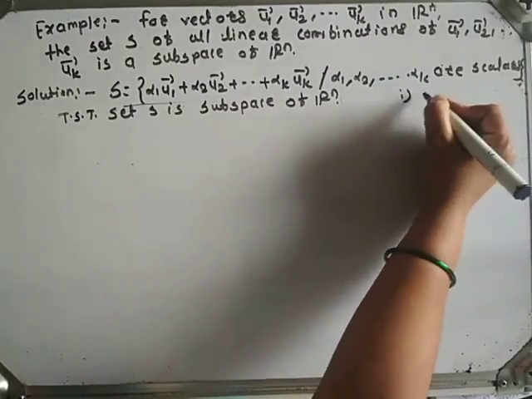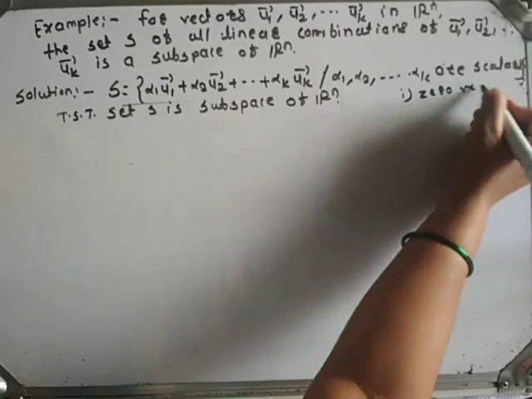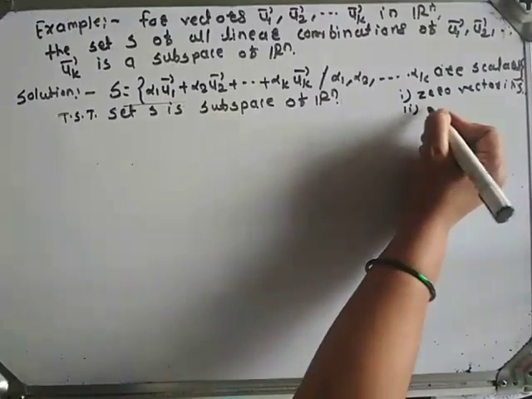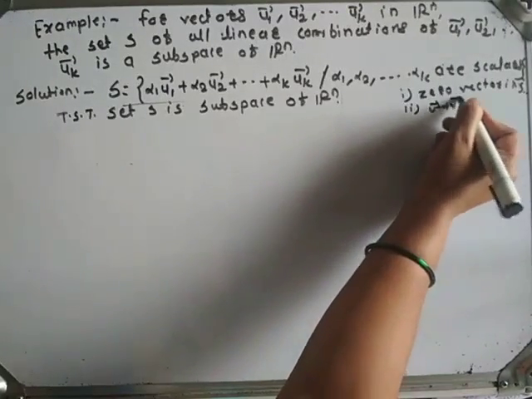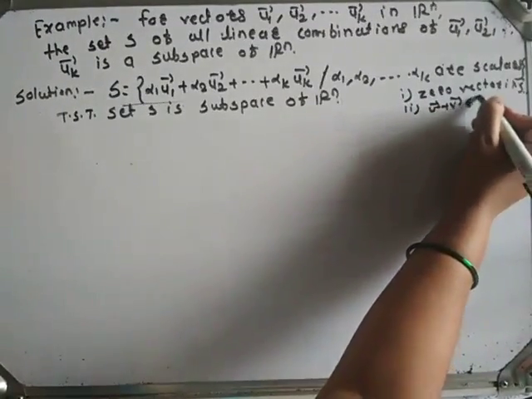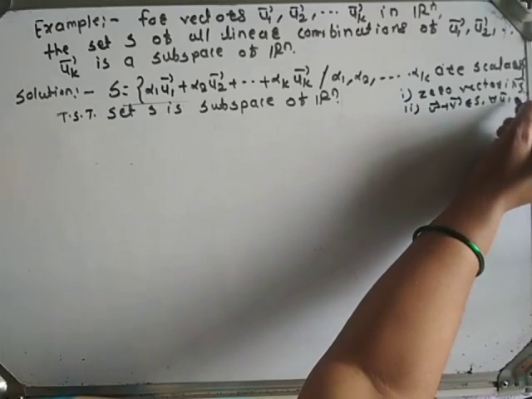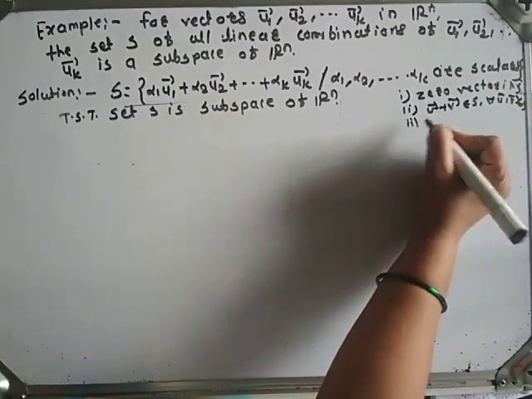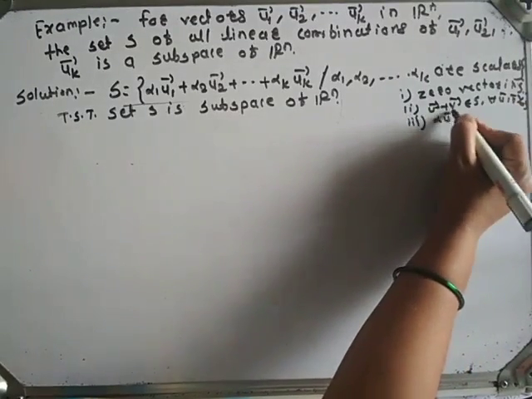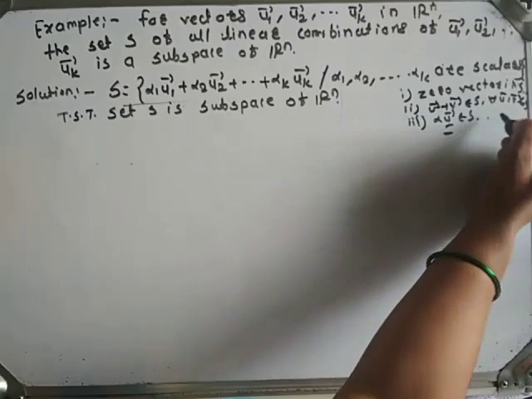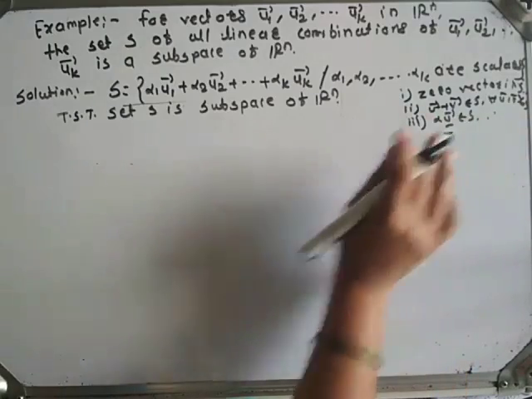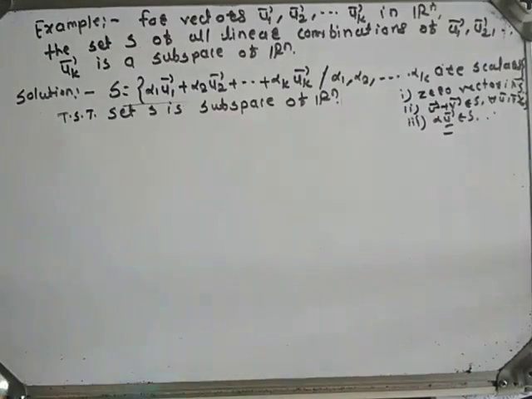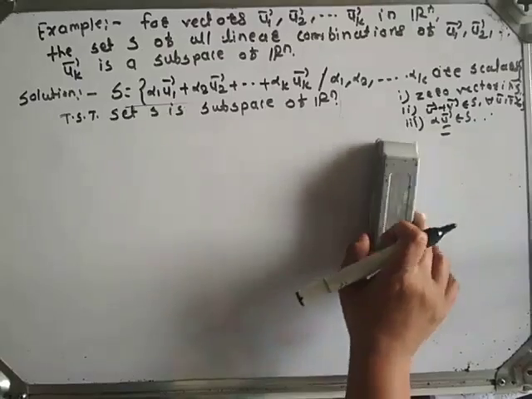First property is zero vector is in S. Second property, u bar plus v bar belongs to S for all u bar, v bar belongs to S. And last one is alpha into u bar belongs to S for all u bar belongs to S and alpha is any scalar. Okay.